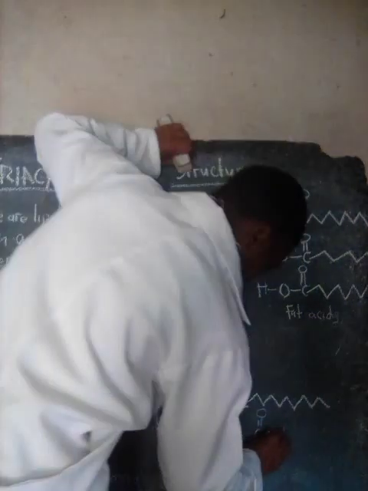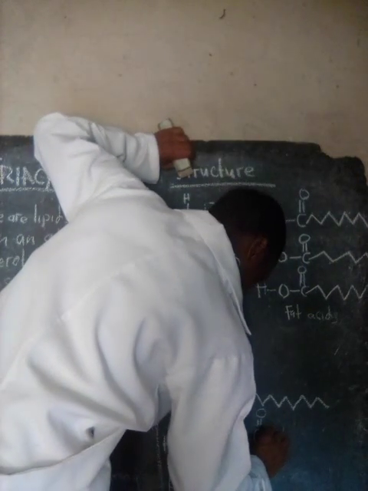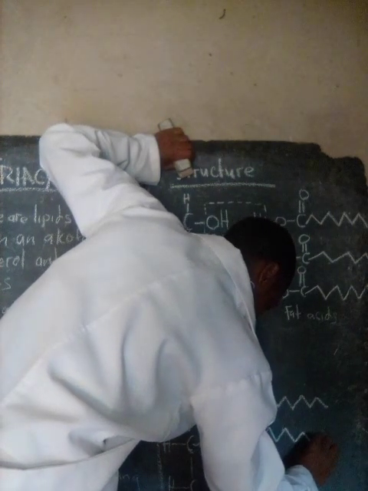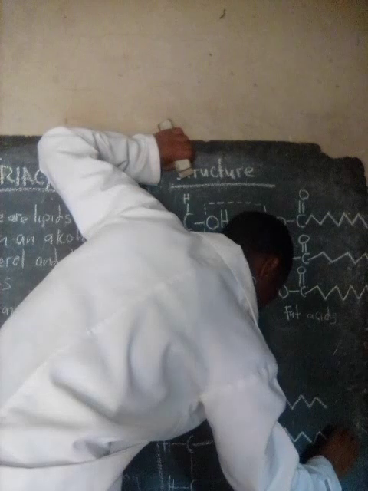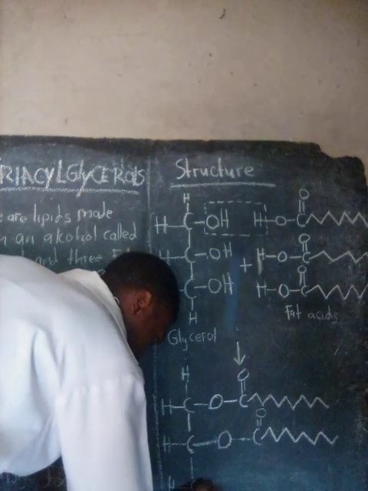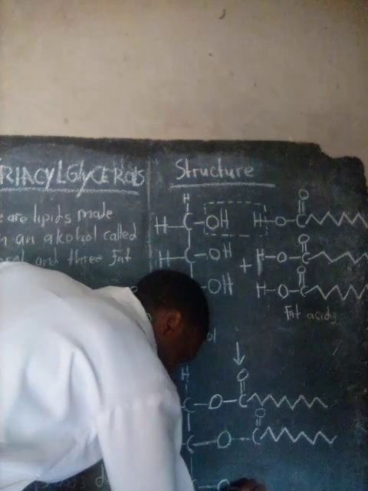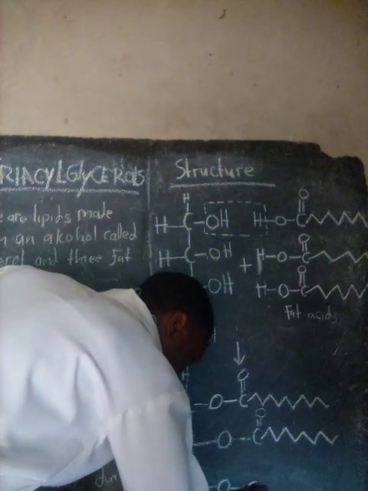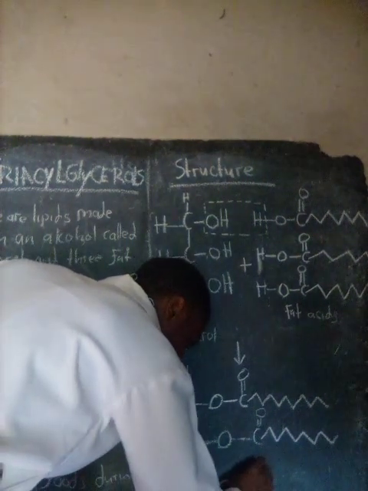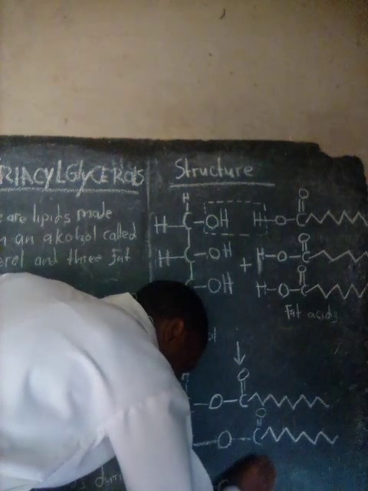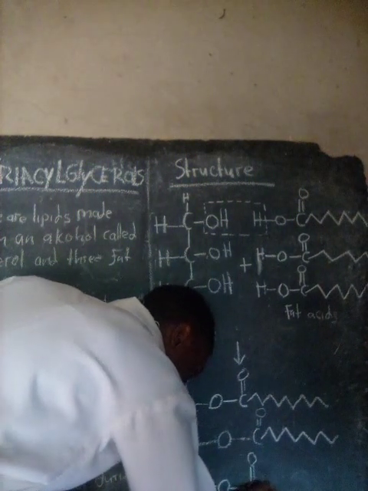Then you write your hydrophobic chains, like that. Then the last one, you also connect it, the O, then your carbon, then you say this is attached to the oxygen, then your hydrophobic tails.